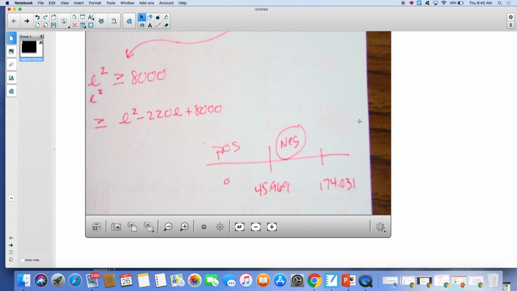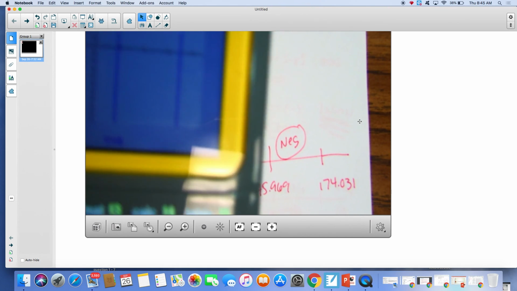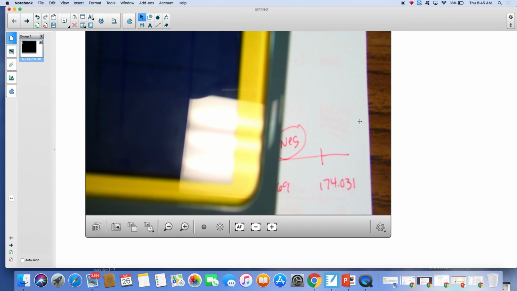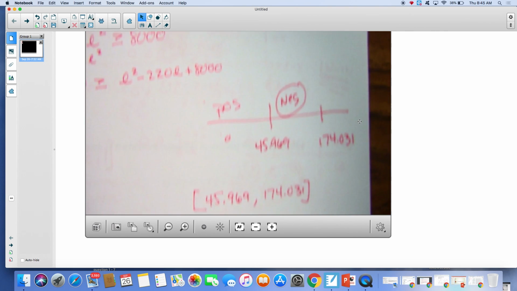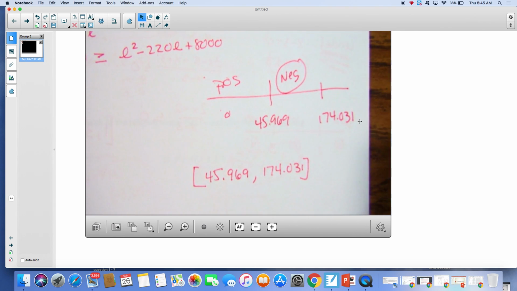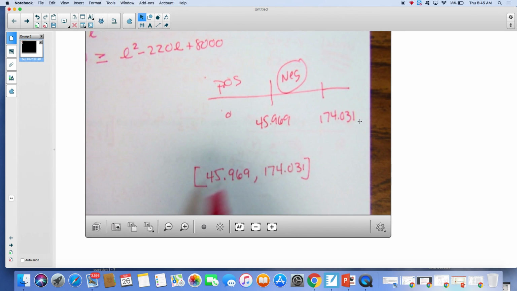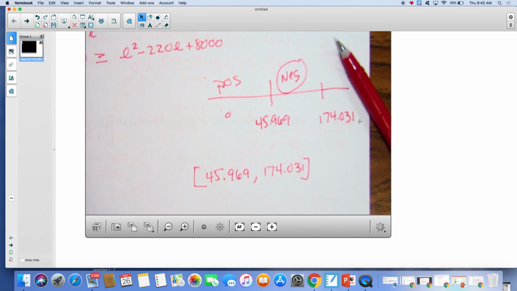I can look at my graph and see which part of the graph is negative, which part is underneath that x-axis. So our answer, what are the bounds of the length? Somewhere between 45.969 and 174.031.